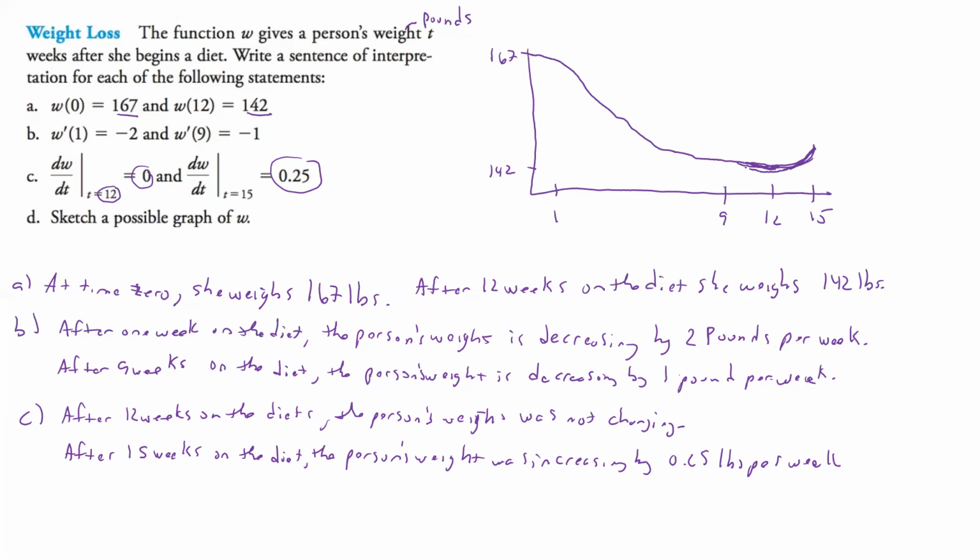Again, not the best in the world. Maybe if we increased the size of our marker, that would look a little better. But that's what it is. It comes down, and then it goes back up again. And so that's the direction our graph should look.